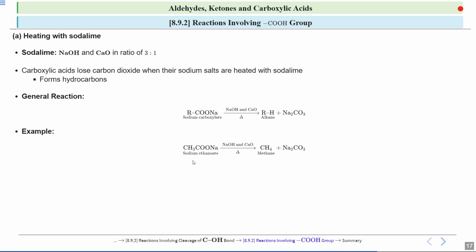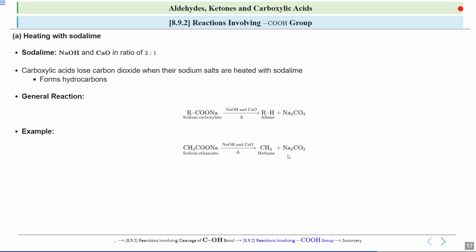Look at this particular example. You have sodium ethanoate, CH3COONa. When it reacts with NaOH and CaO and is heated, it produces methane, which is an alkane, and you get Na2CO3, sodium carbonate.